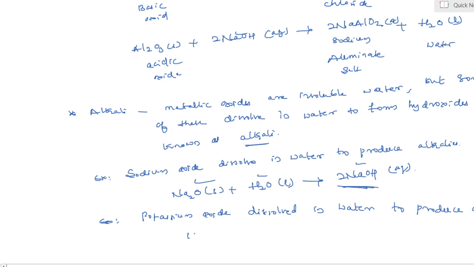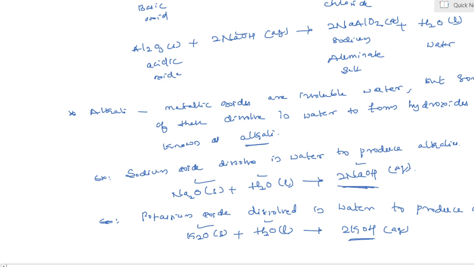Potassium oxide, K2O, solid, dissolves in water and gives rise to potassium hydroxide, which is termed here as alkali. It is termed as what? Alkali. Metallic oxides like sodium oxide as well as potassium oxide dissolve in water. What do they form? Respective sodium hydroxide as well as potassium hydroxide. Both are termed as alkali.